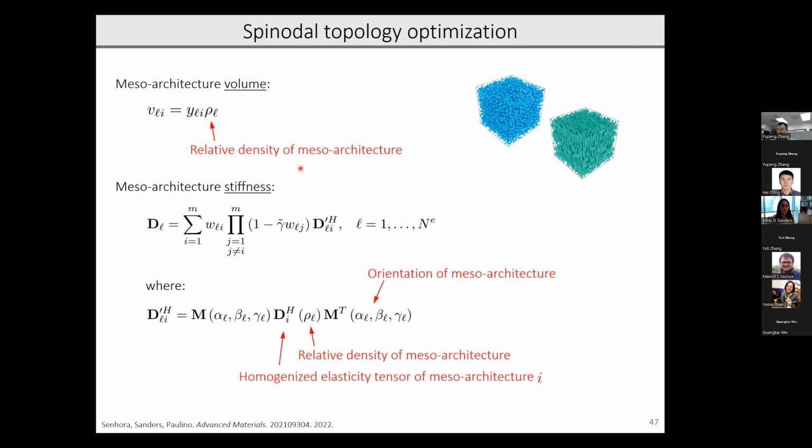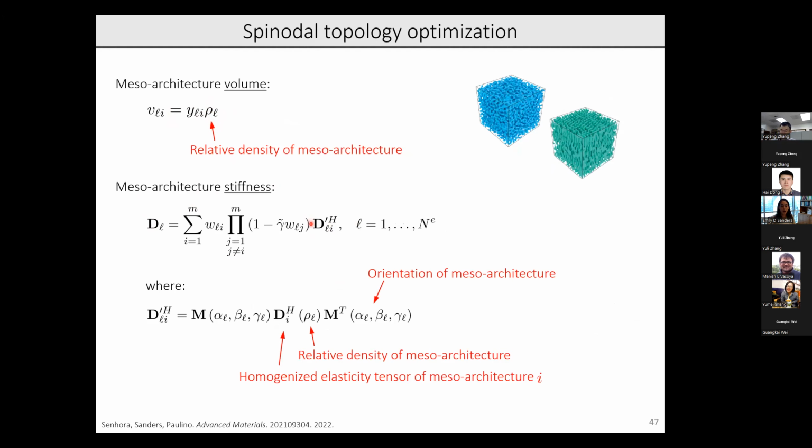And just for completeness, let me also mention that, again, with these porous architectures, we need to account for the relative density. And in the case of the spinodal, that's going to come through the density design variables that we introduced. And then again, we need to interpolate our stiffness. So we're going to use the same interpolation function that we did before to penalize material mixing.